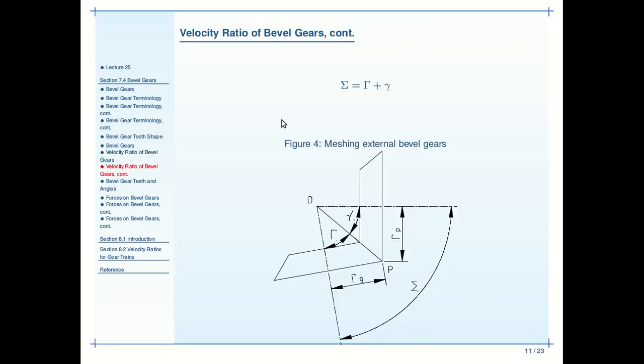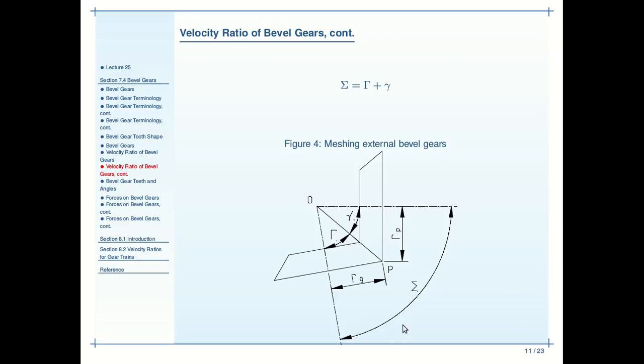Another parameter that is very important for bevel gears is the pitch angle. When we look at a set of bevel gears, what we find is that the total pitch angle or shaft angle is equal to the pitch angle of one of the gears plus the pitch angle of another. You can see that here schematically. The dashed center lines are the axis of rotation for the gears.